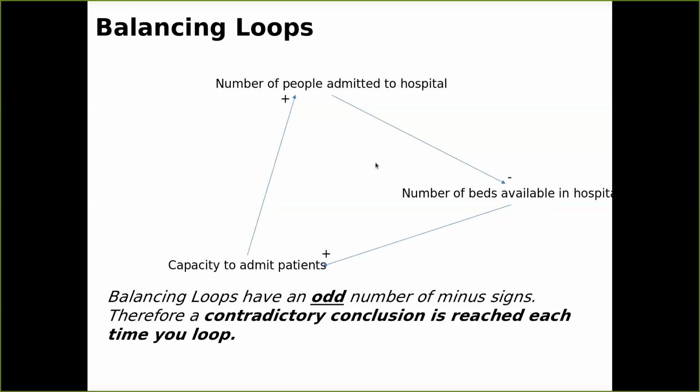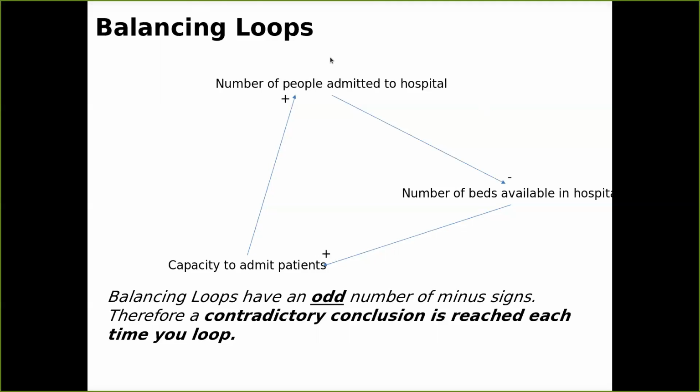So as I said, if we start by saying, as the number of people admitted to hospital increases, the number of beds available decreases. As beds available decreases, capacity to admit patients decreases. As capacity decreases, the number of people admitted to hospital decreases. And remember, I started talking through this loop by saying the number of people admitted to hospital increases.